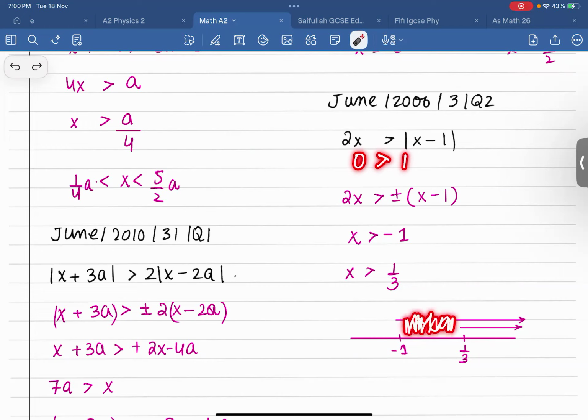Because after -1 there'll be 0, right? So if I put 0 in, 0 is not making sense. Okay, and if you just put 1, so 2 from this side and 0 from that side. Okay, 1 and -1, 0. So 2 is greater than 0, so 1 is making sense.